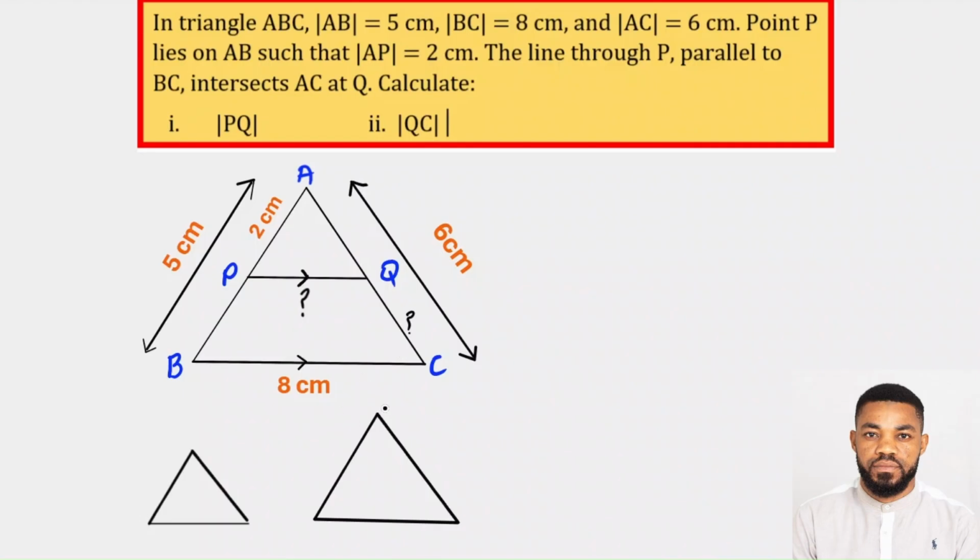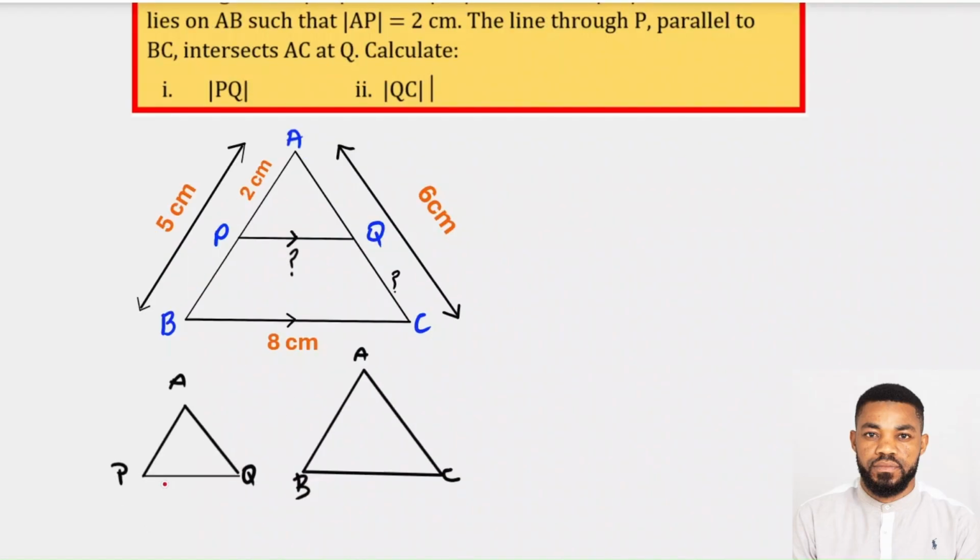So these are the 2 triangles. Let's take this one to be the small one, that is APQ. So here's going to be A, here is P, and this point is Q. Now we can get a bigger one, ABC. So here's going to be A, here will be B, and here is going to be C. PQ is what we are looking for.